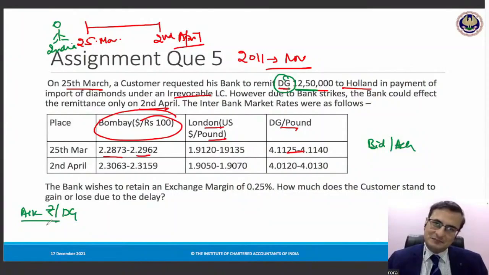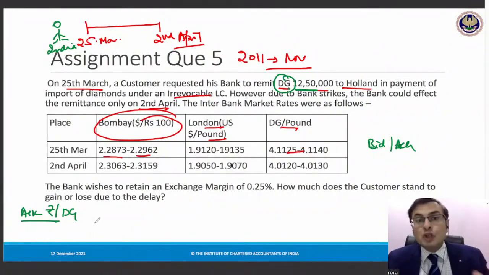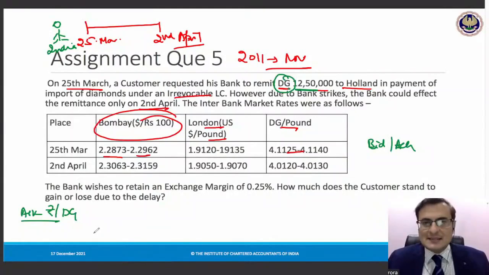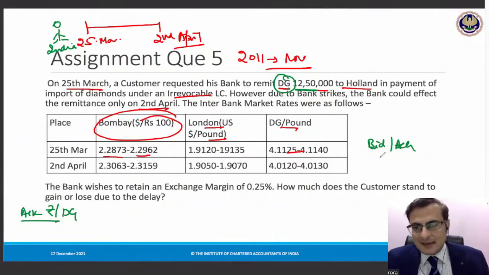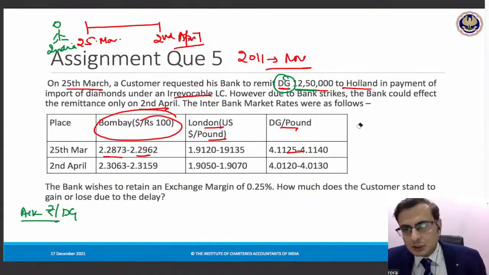Clear, everyone? Now I will go extremely slow so that you are able to understand. If I have to do ask by rupee per DG, what should be the calculation? I'm saying should be, not actually. Then I'll change accordingly. To arrange this value, I need to have it like this. Let me take another color. This is actual. What should be?